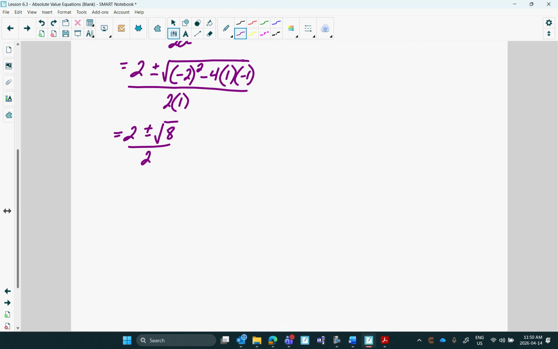I meant like we did 2 cases, and then 2 plus 8 over 2, and then 2 minus 8 over 2. What happened to the root? You take it out. Plus or minus cancels out square roots. Oh wait, oh yeah. It would be root 8.